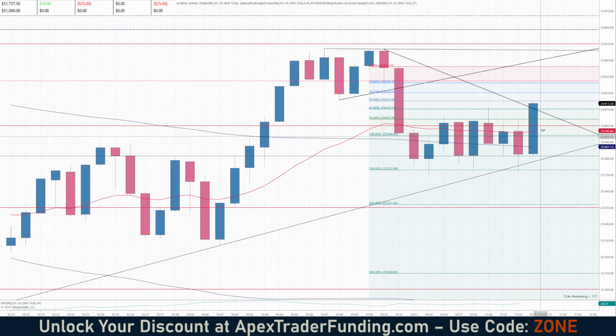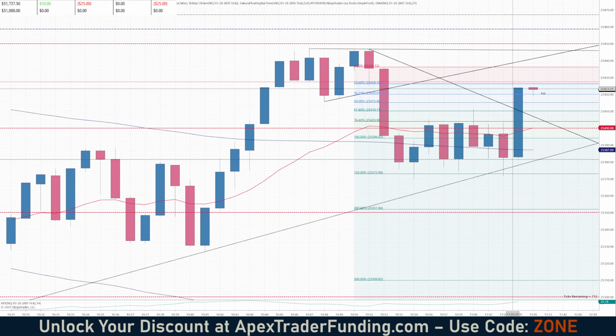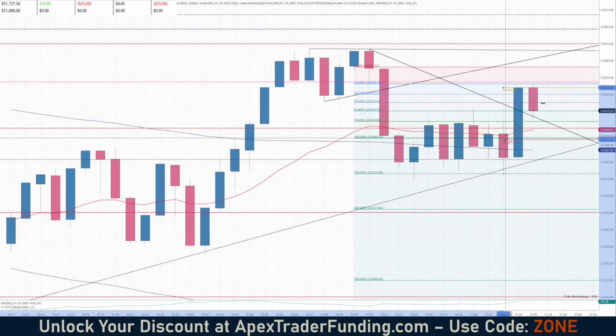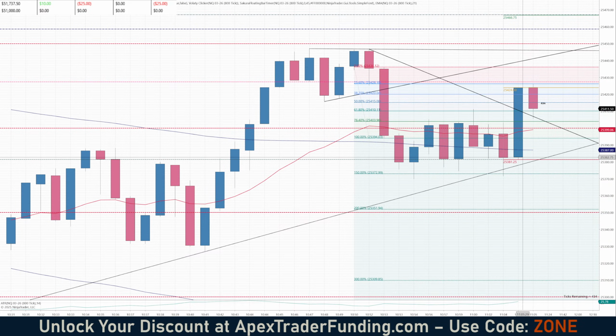Alright, we're getting a very strong bullish candle right now. That did trigger higher. Problem is, this candle is so big.